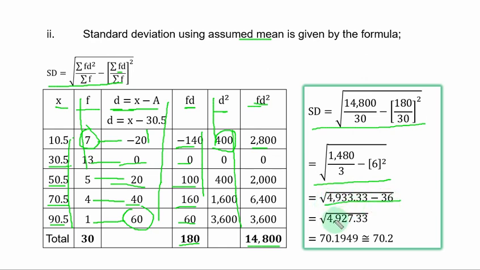After subtraction, you have this, and when you check the square root of that number, you have 70.1949. To one decimal place, you have 70.2 as the standard deviation.